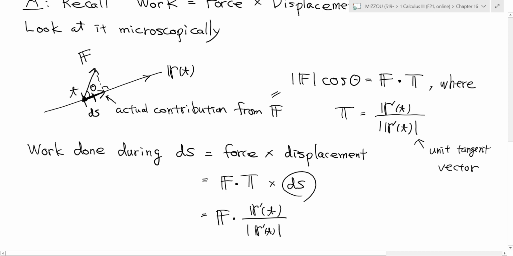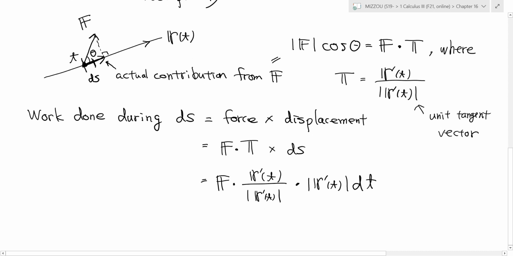Now, what was ds? Remember, ds is computed as the magnitude of r prime of t dt from the previous lecture. So this much is ds from the last video.